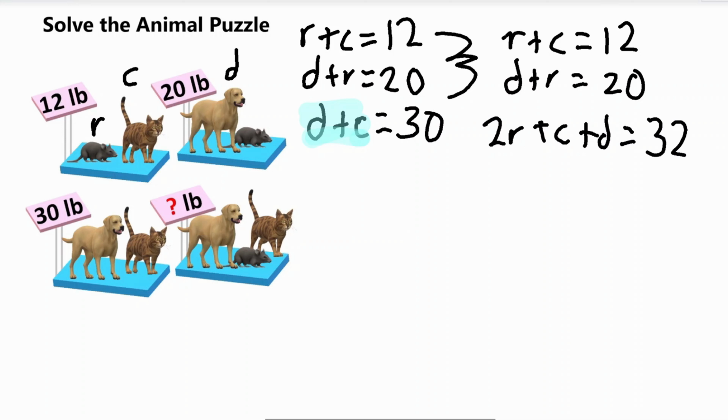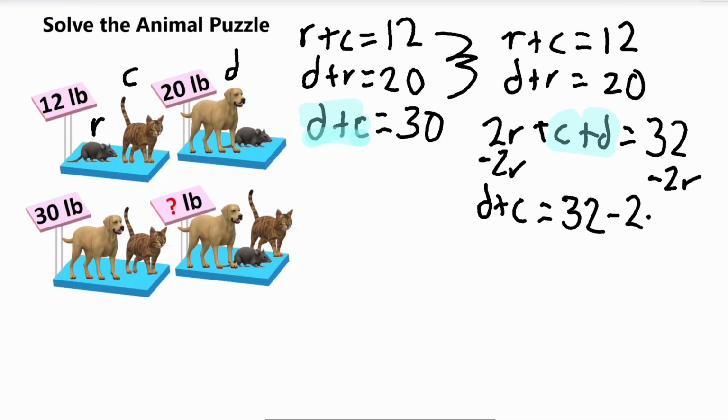Okay, as you may see, we have C plus D written here together. It's the commutative property. So even though this is D plus C and this is C plus D, they're the same thing. So we just want to get this together. So we'll just subtract 2R from both sides here, which gives us, I'll rewrite this, D plus C is equal to 32 minus 2R.